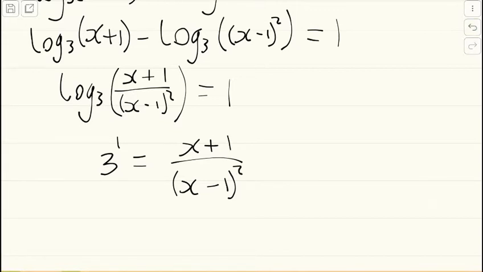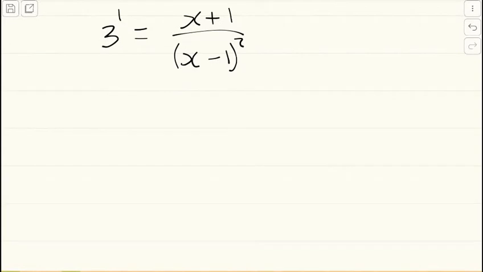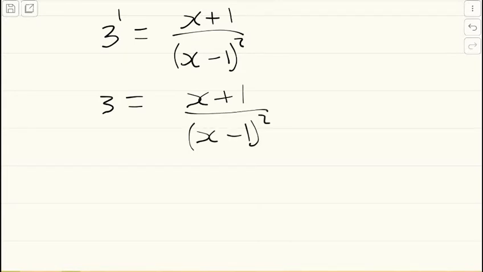Okay, and then I'm just going to rewrite this. So we have the 3 to the power of 1, of course, is 3. So that's 3 is equal to x plus 1 over x minus 1 squared. Then that gives me 3 multiplied by x minus 1 squared is equal to x plus 1.